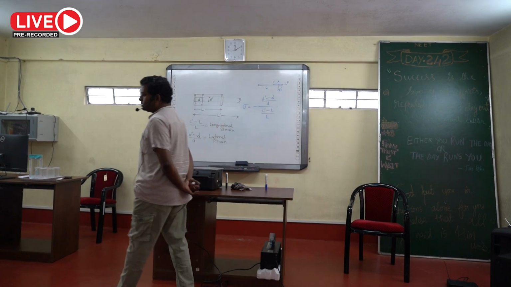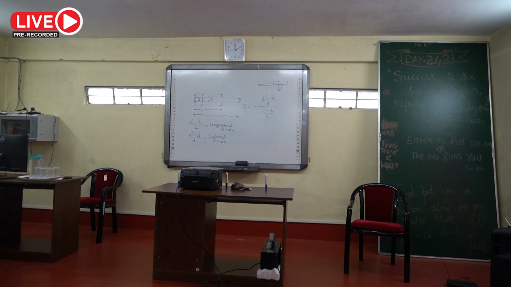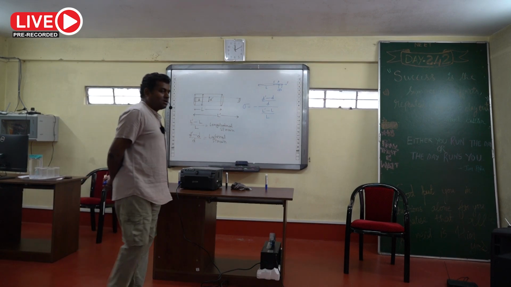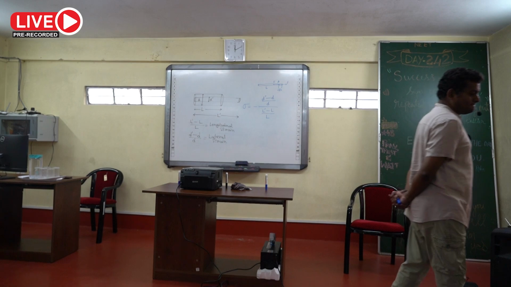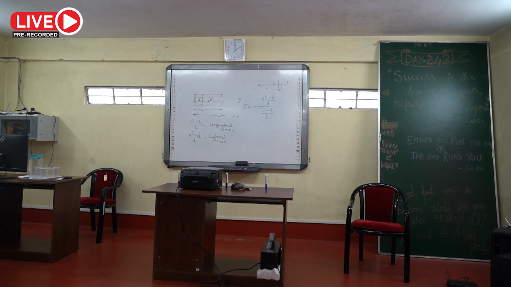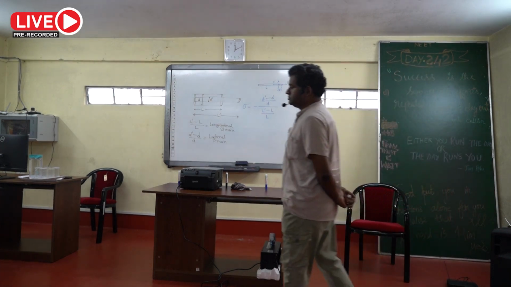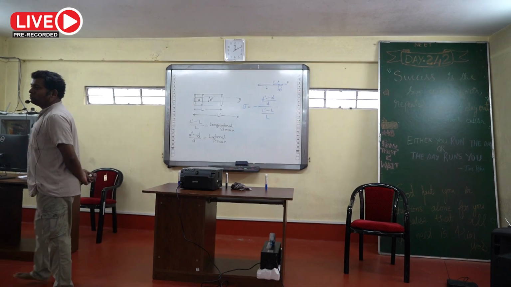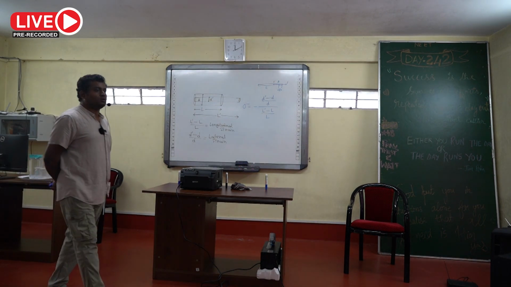Option A 1, option B 0, option C half, option D 2. What is the value of Poisson's ratio for a cylinder of constant volume?